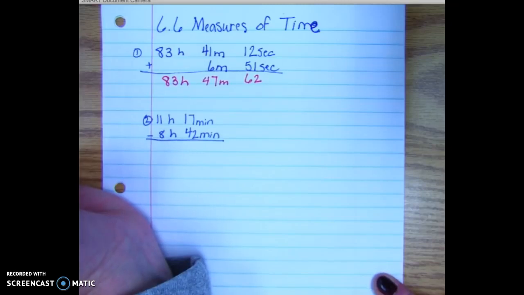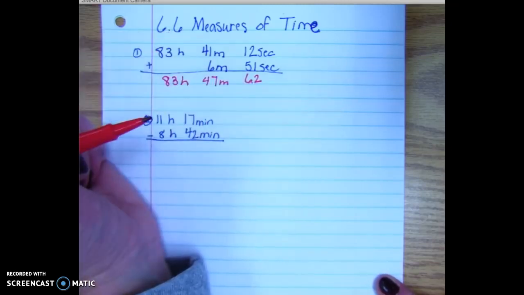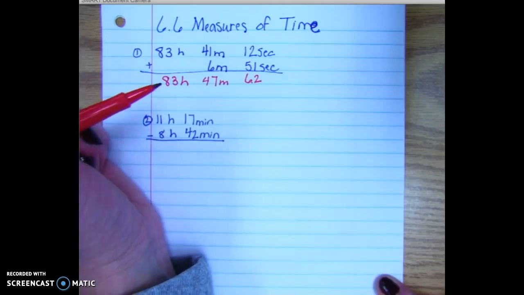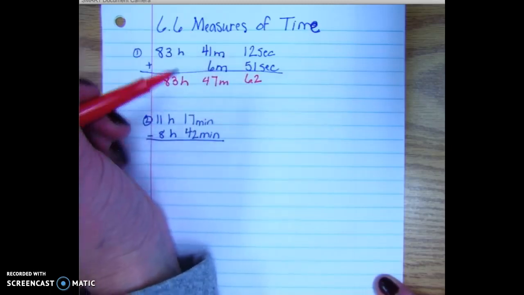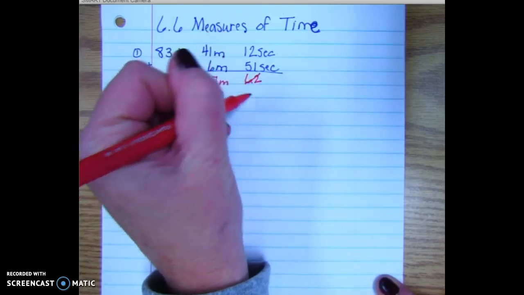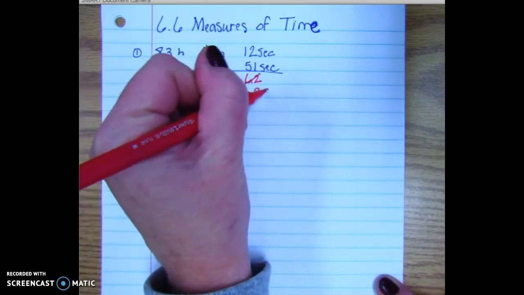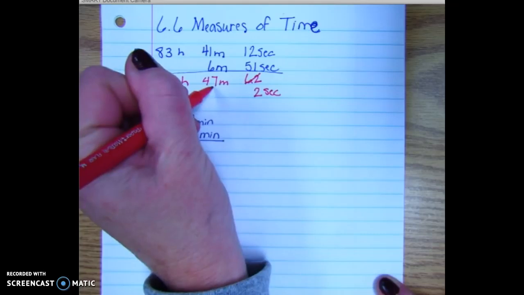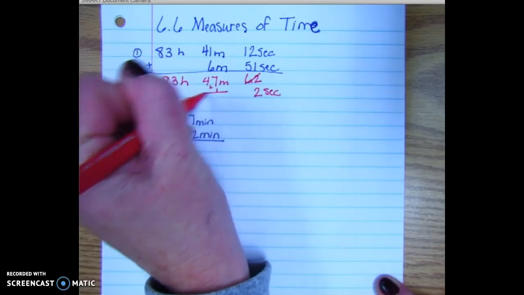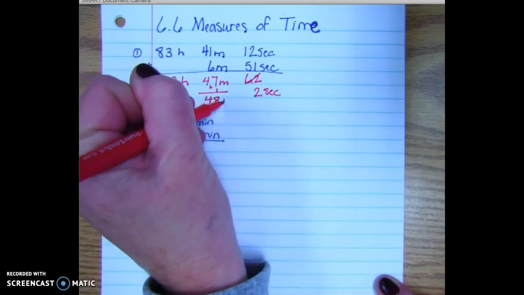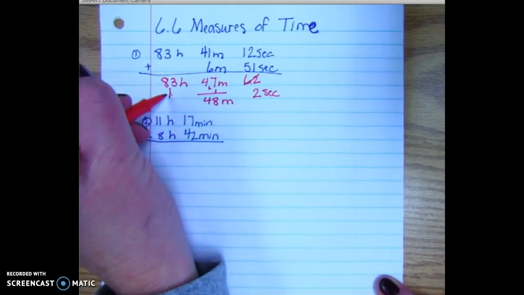Now, if you look really closely here, what we see is that the 62 seconds can be regrouped. When you have a 60, you can take one out of it and it will regroup to 2 seconds. And then the 47 will have a plus 1, so it'll be 48 minutes. And the 83 hours stays the same.